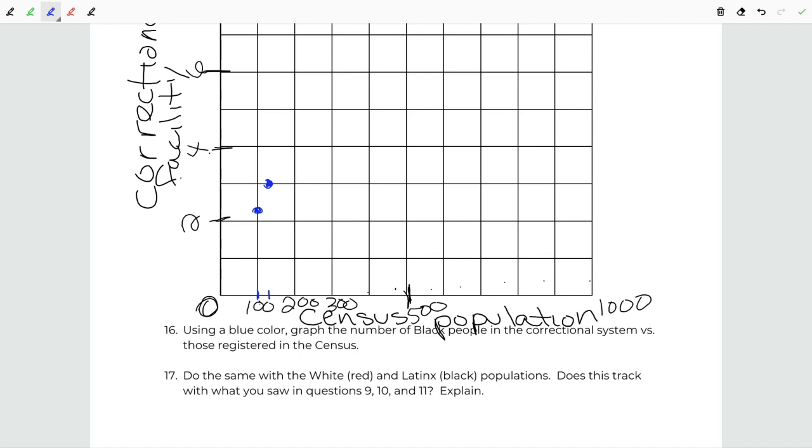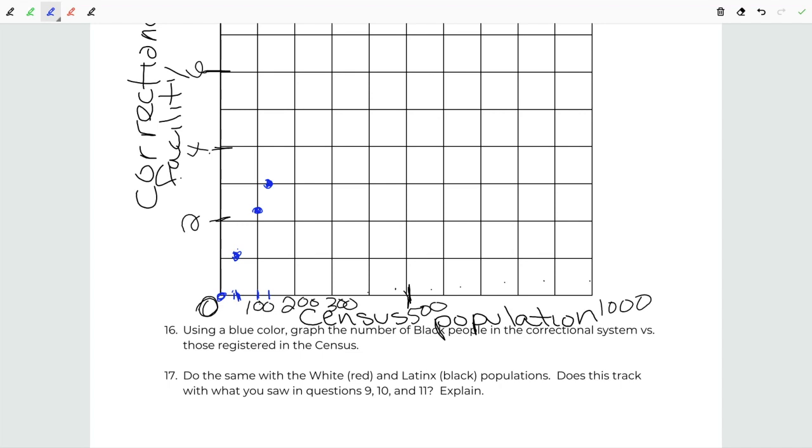And then our final piece from our chart is that for 46 people on our lawn who are Black, it's right about here, just under halfway to 100. 1.1 of them are in the correctional system. So that's just a little bit above 1. Right there. And then because of the way these are all proportions, we'll have 0, 0 as a point for all of them.